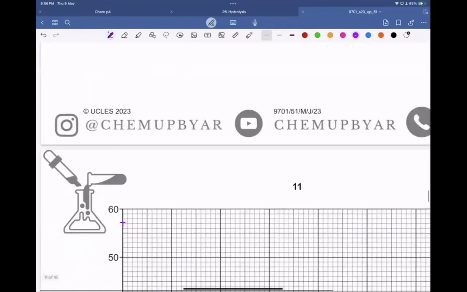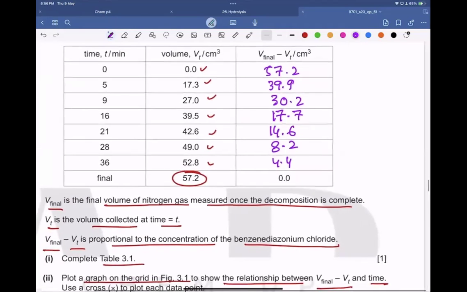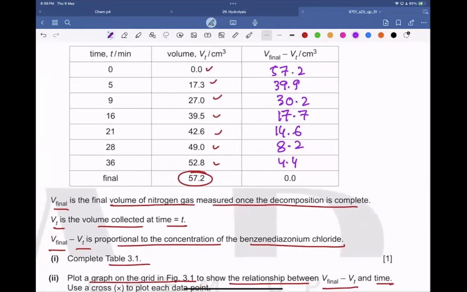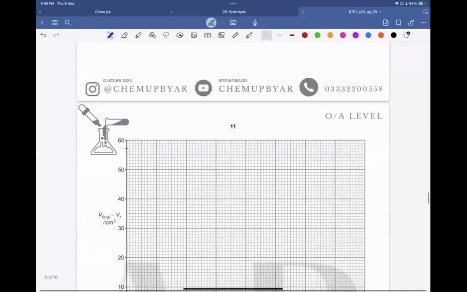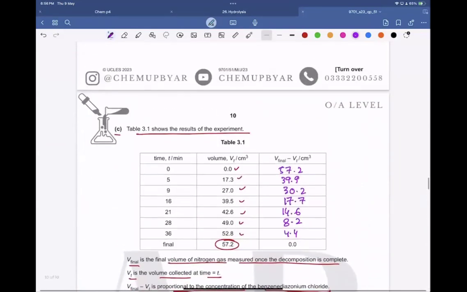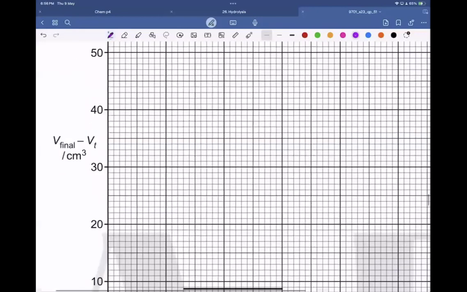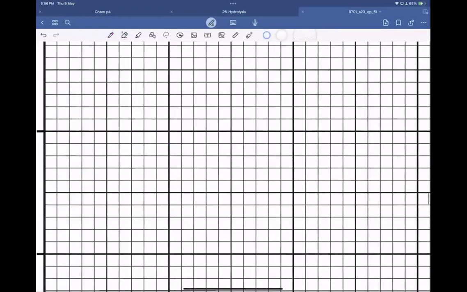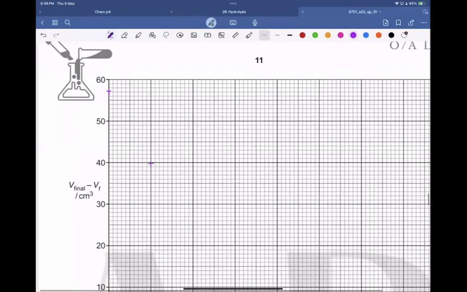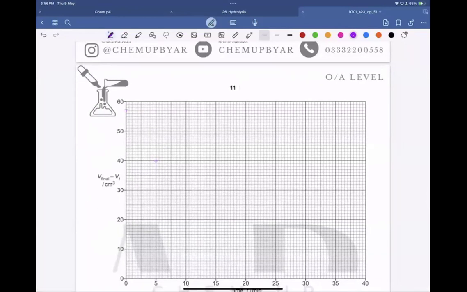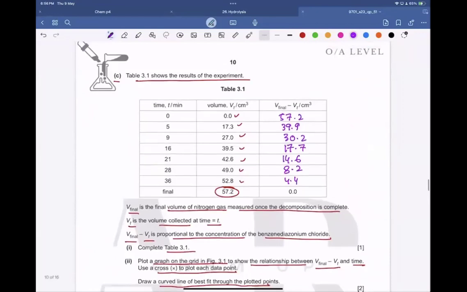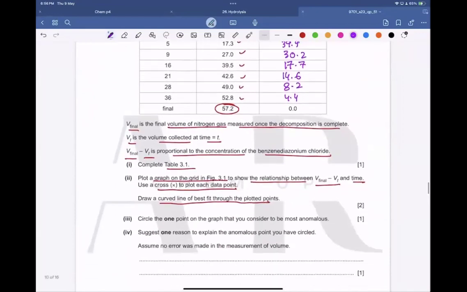Then at 5, it's 39.9, so it is like this. And then at 9, it's 30.2.